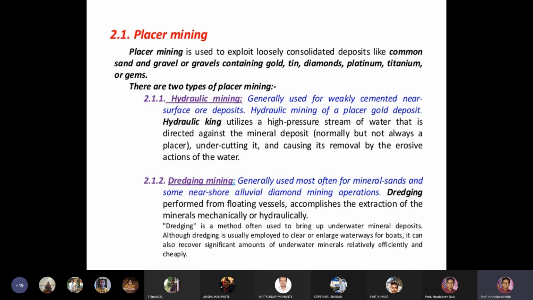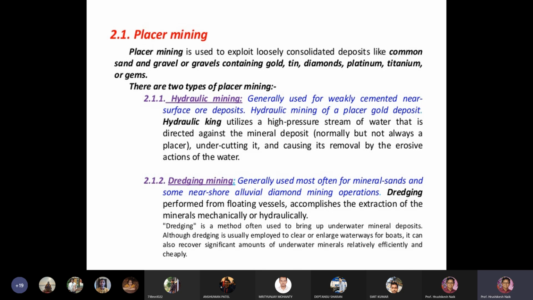Dredging is performed from a floating vessel, which accomplishes the extraction of the minerals either mechanically, by use of some machines, or hydraulically, by using the water force.